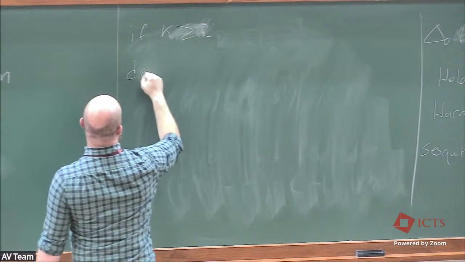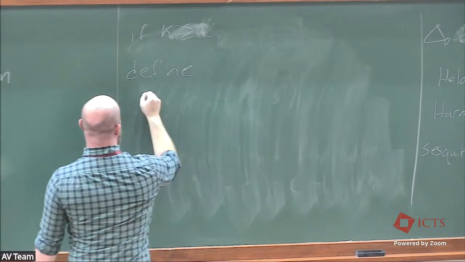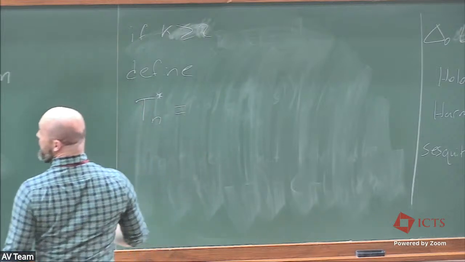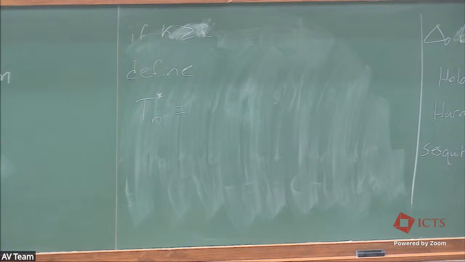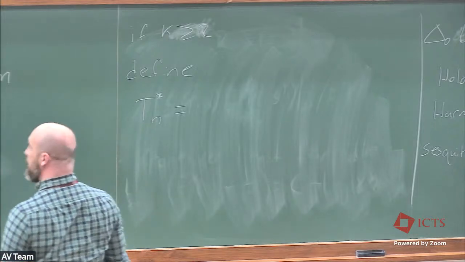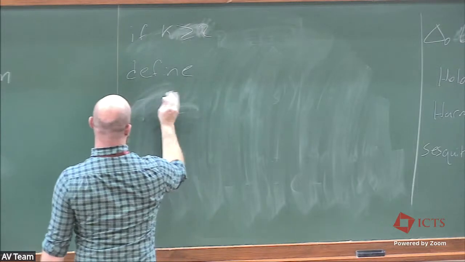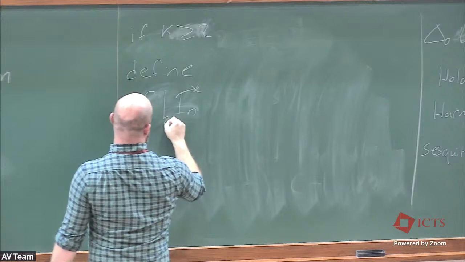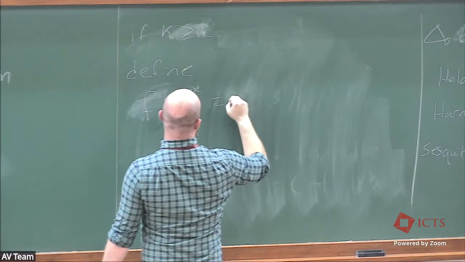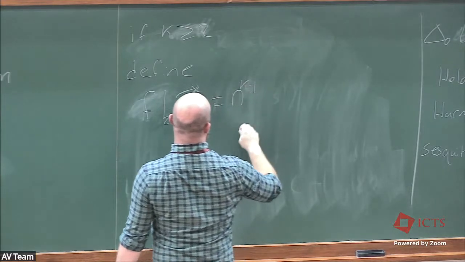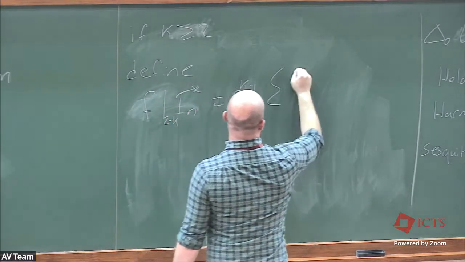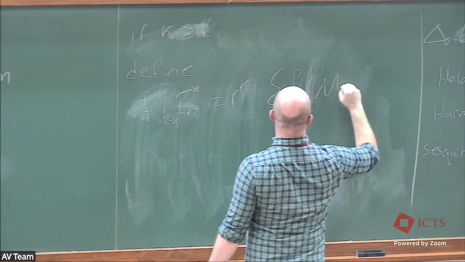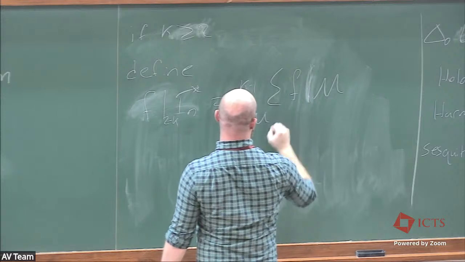I'm going to define a renormalized Hecke operator. I'll call it T star of n, which is going to have the same summation. So f hit with T star of n for the weight 2 minus k is going to be, again, n to the k minus 1 times my sum of f hit with mu for mu in these same cosets.